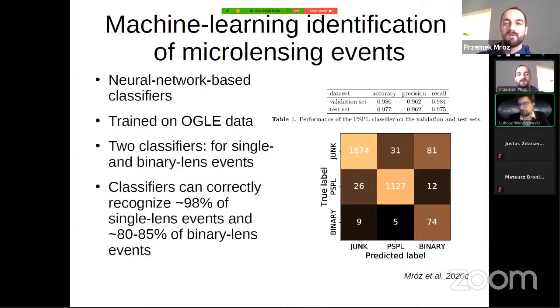Actually, there are two classifiers, one for single lens events and the other one for binary lens events. These classifiers take several light curve features as the input, and they were trained on the OGLE data. And they are actually pretty good because they can correctly recognize over 98% of single lens events and about 80 to 85% of binary lens events.